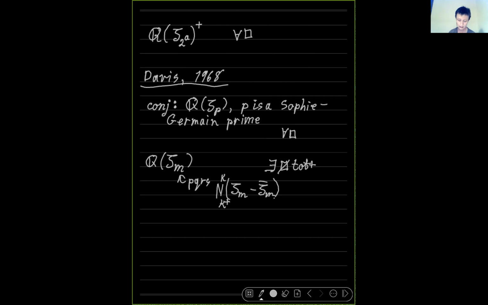So you've taken a purely imaginary number here and multiplied it by its conjugate. That's going to be negative. Put a minus sign in front of it. You have a positive number. And the reason why it's positive did not depend on which power of zeta was in there.